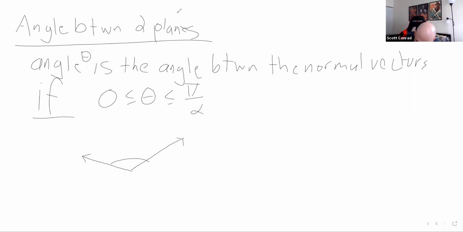Suppose this is the normal vector from the first, and that's the normal vector from the second. If the angle is bigger than pi over 2, instead of considering the two normal vectors as they are, make one of them negative, right? It'll point in the opposite direction. Now we get an angle which is in fact less than pi over 2. And what we're doing is we're just changing the sign of the dot product. Well, let's do an example here to illustrate this.